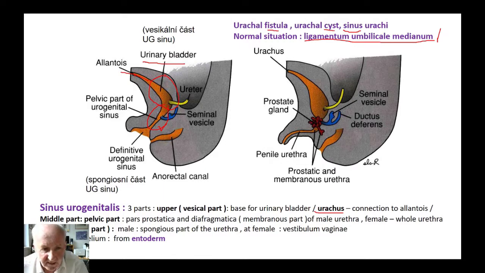And now the last, phallic part of sinus urogenitalis will give origin to the spongious part of the urethra and to the vestibule of the vagina. Don't forget that we've been in the cloaca.